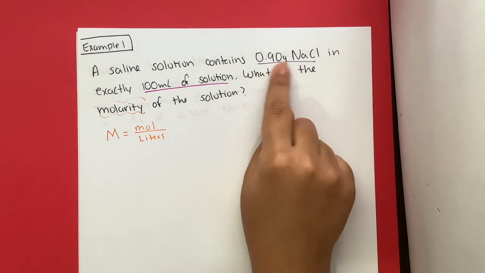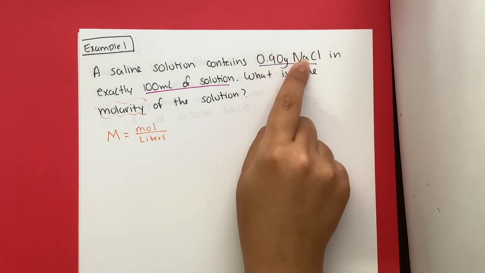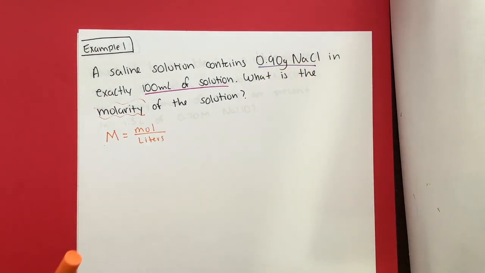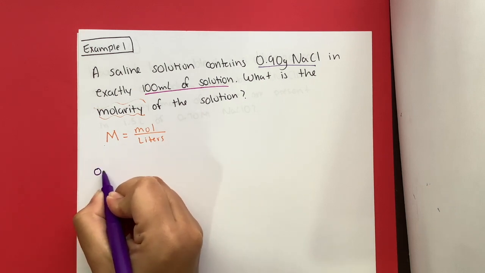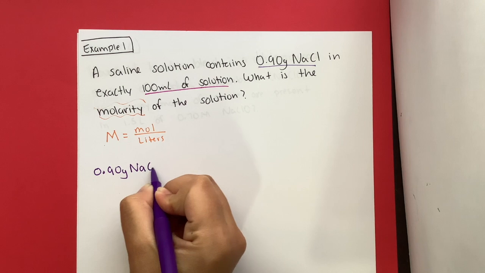The first piece of information that's given to us is how many grams of solute. Remember, solute will be the salt, what's being dissolved. So we have 0.90 grams of NaCl.